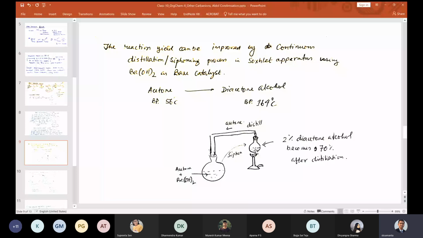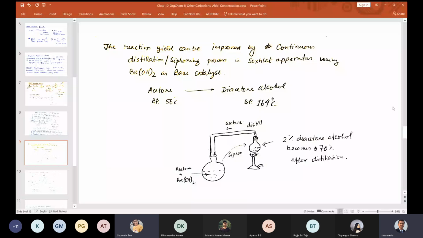So while in the conventional method you get only 2% diacetone alcohol, after this siphoning and distillation process you can get 70% of the product. That is quite enormous. From 2% to 70%, that is significant. Got it? Everybody understood this mechanism?